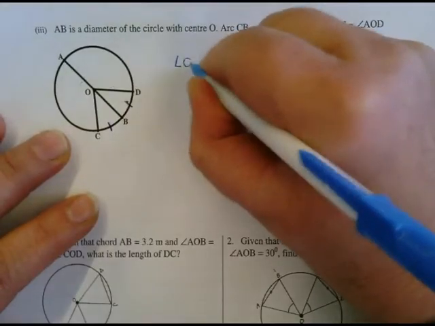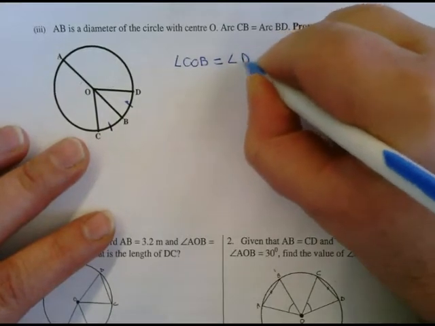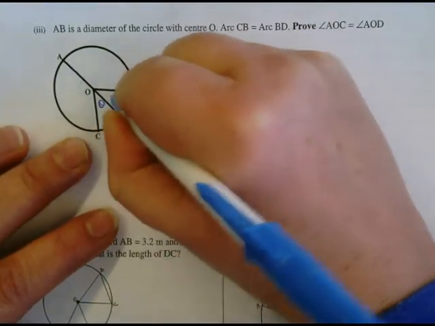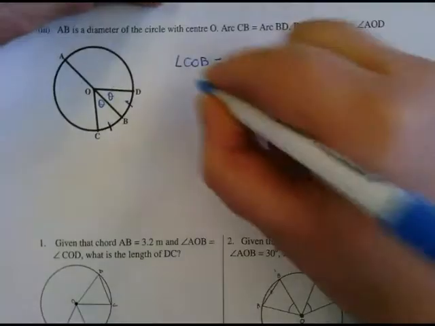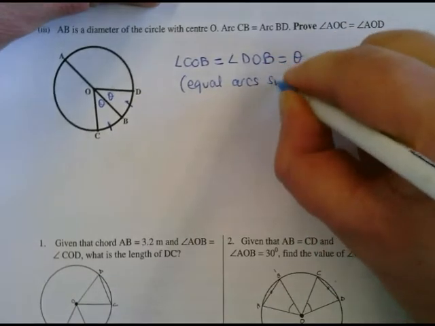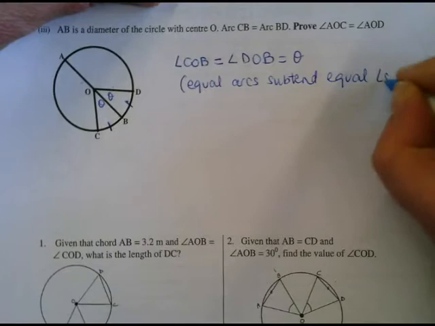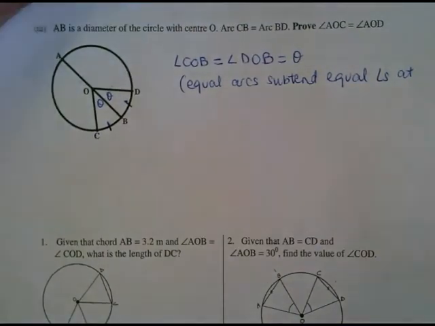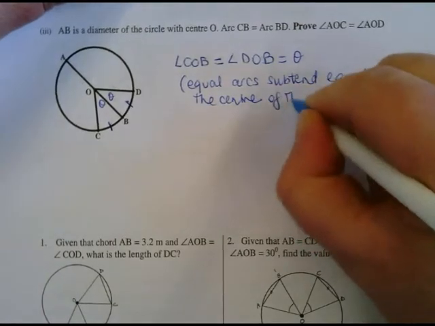Angle COB equals angle DOB. Why? I'm going to call them equal to theta. So equal arcs subtend equal angles at the center of the circle.